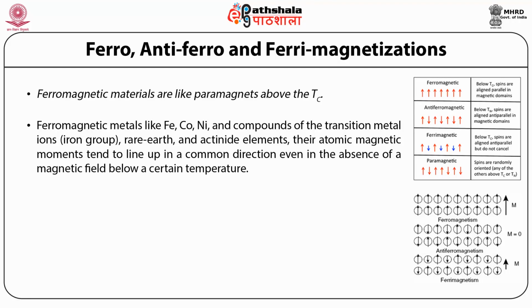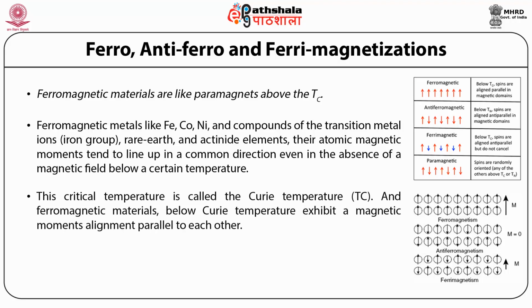Ferromagnetic metals like iron, cobalt, nickel, and compounds of the transition metal ions, rare earth, and actinide elements, their atomic magnetic moments tend to line up in a common direction in the absence of a magnetic field below a certain temperature.